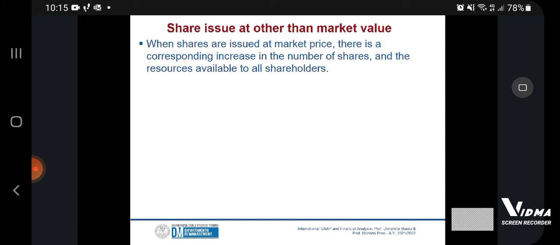But what if I issue some shares below the market price? Can that happen after all? And if that happens, what can be the motive behind that? Well, sometimes it is practiced by many companies, and so we have to take into consideration, in case we sell new shares at a low price, what this will cause to the earnings per share.